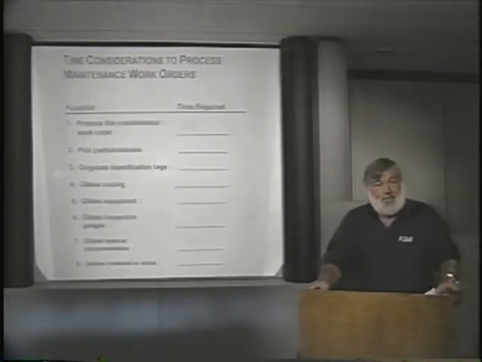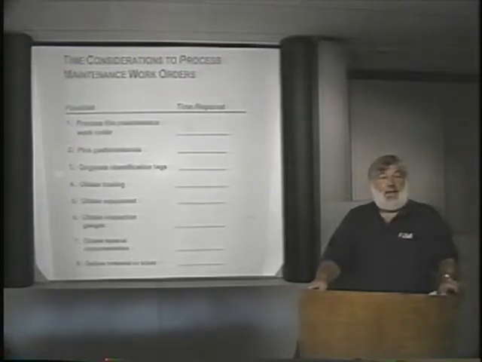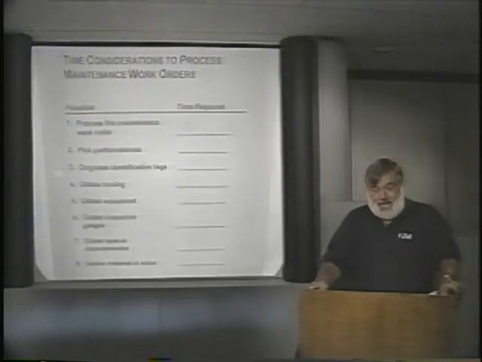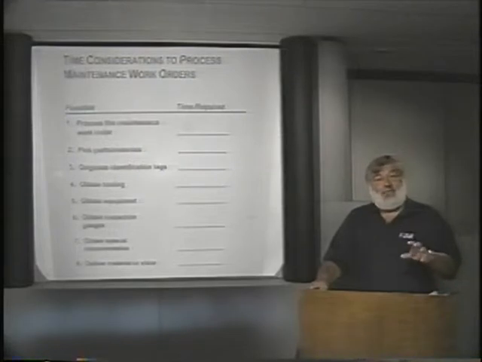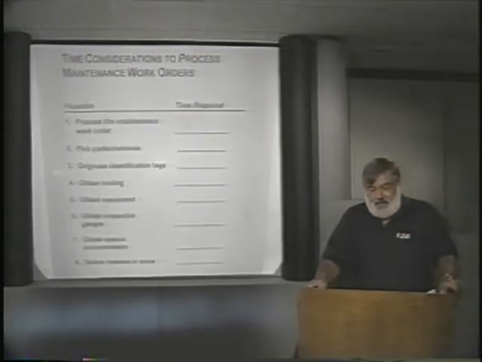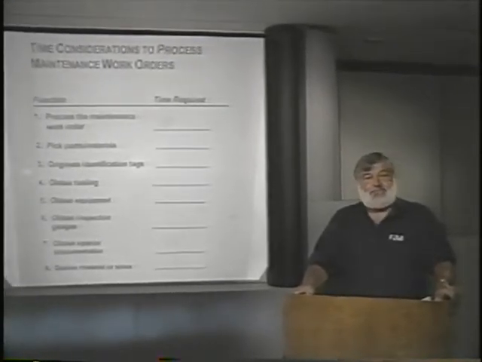If tooling, item number 4, and equipment, item number 5 is required, then those likewise would have to be pulled from the storeroom, identified, and tied in with that particular maintenance order. If, let's say, special gauges are required, such as feeler gauges, or anything else that is needed by the craft person to inspect the item after the maintenance work has been accomplished, those would be identified in step number 6.